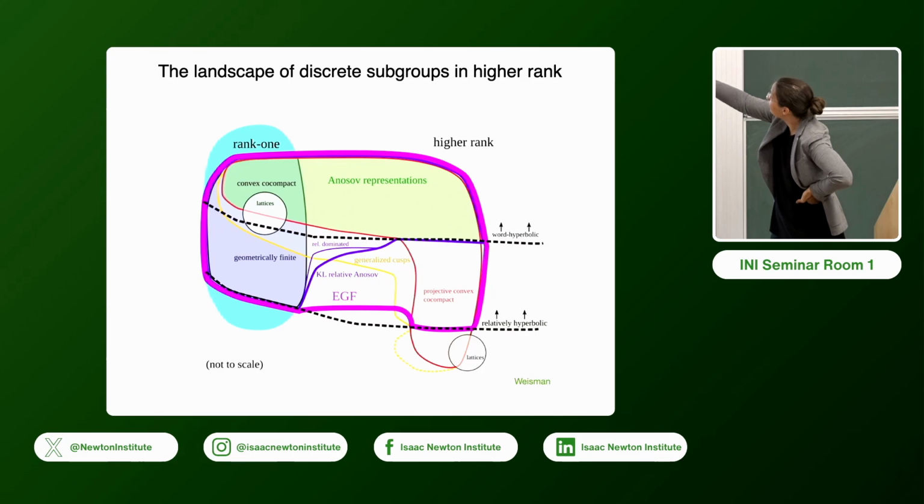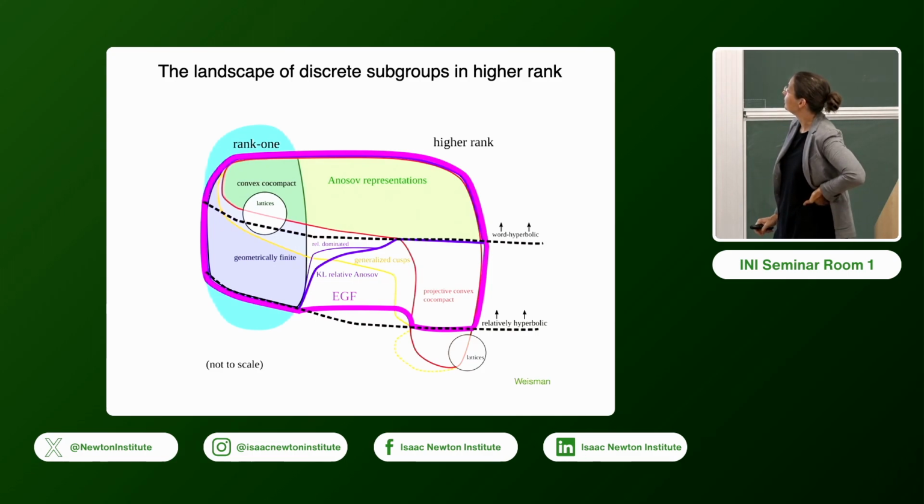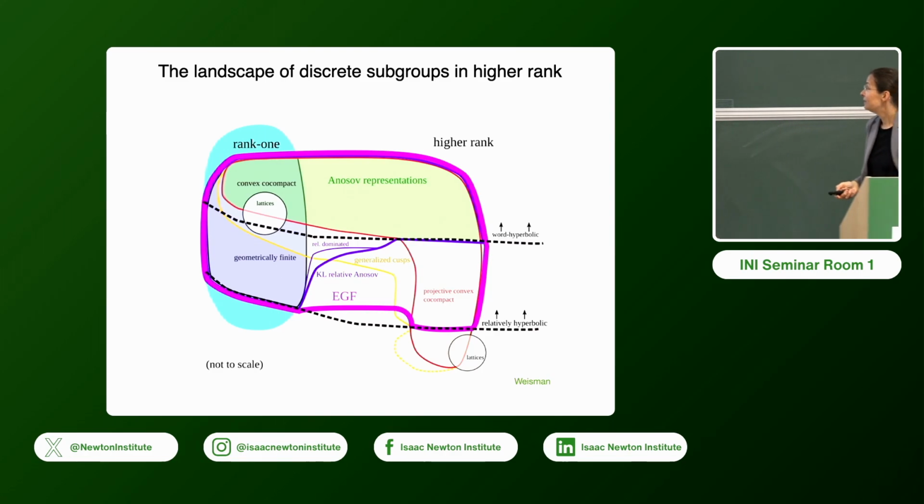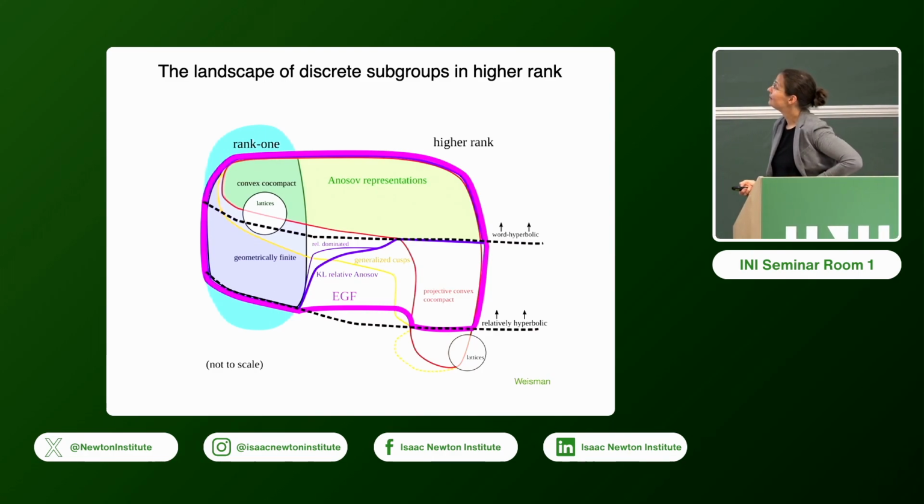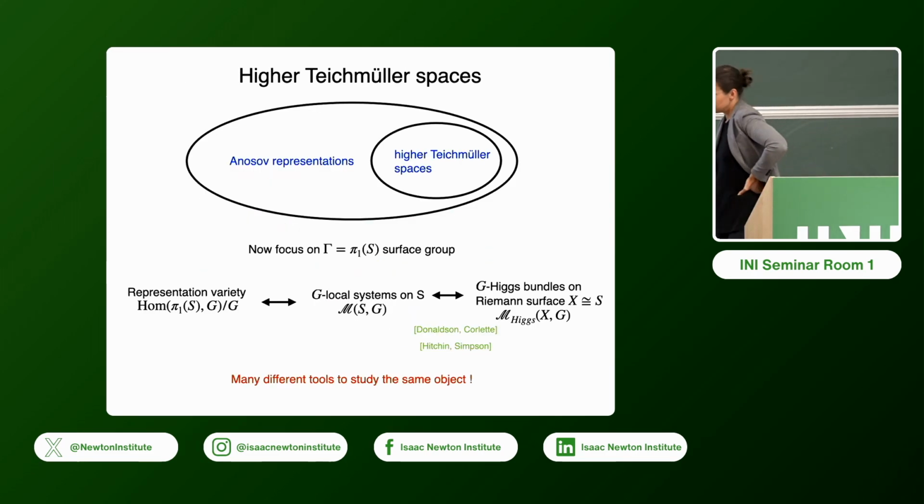There's this green part, which I told you a bit about, Anosov representations, and there's this part which extends Anosov representations to the geometrically finite situation, which is already quite complicated and interesting.